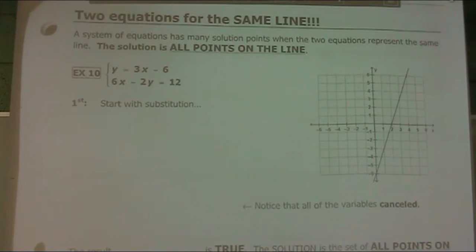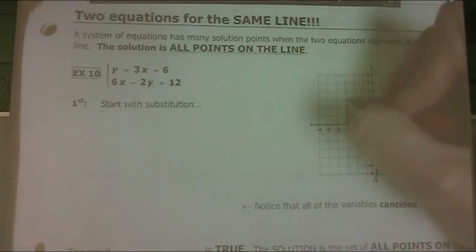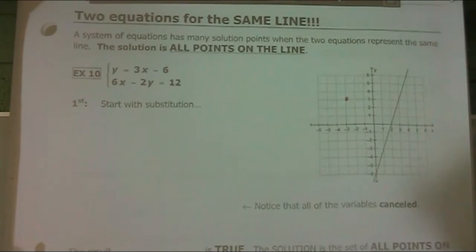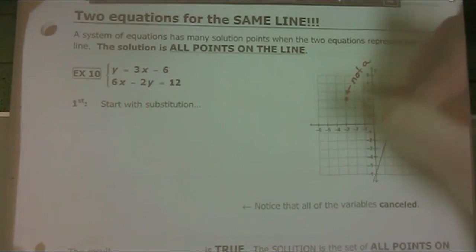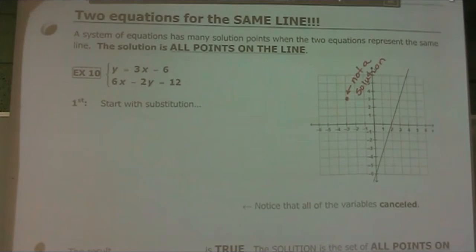Because here's the issue. If you have a point out here, this is not a solution, because it is not on the line. The issue is that all the points on the line are solutions.